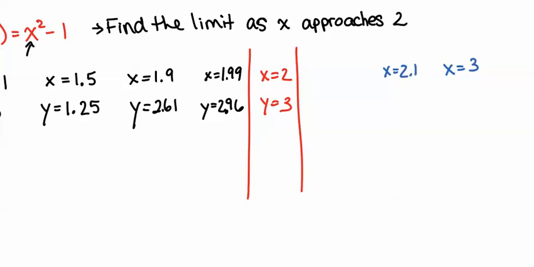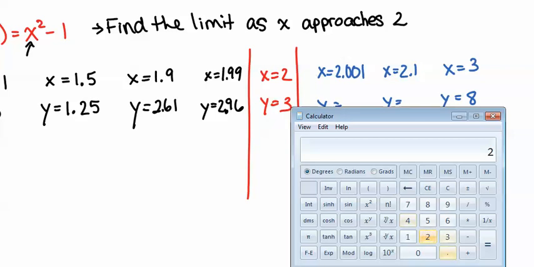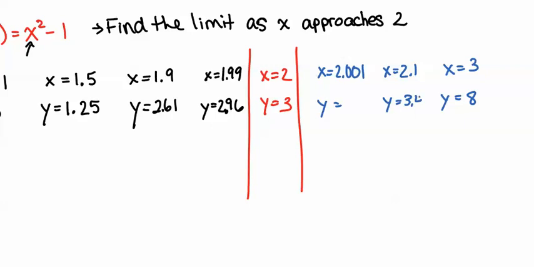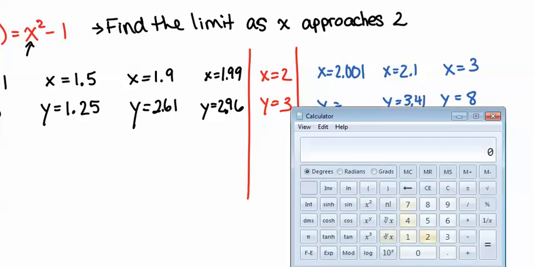So if I try 2.1 or 2.001, numbers that are really close to 2, and I sub those in, 3 squared is 9, minus 1 is 8. 2.1 squared minus 1 is 3.41, and 2.001 squared minus 1 equals 3.004.